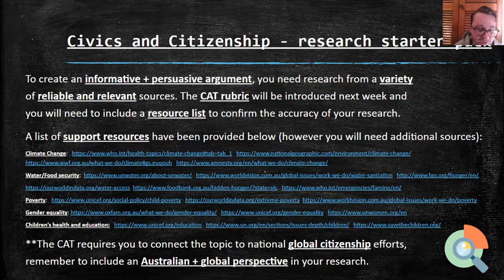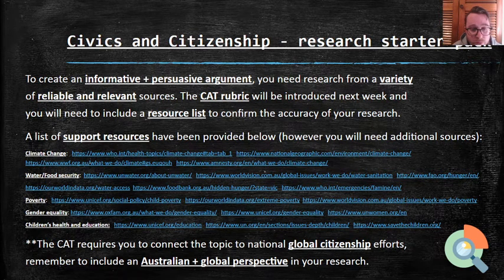This is information about water availability from 2020 or 2015, or in university they consider recent stuff to be anything in the last 10 years. I'm willing to push it back to 15 or 20. So as long as the year that it was found starts with a 2, I'm happy. But the more recent, the better, obviously. So you can see I've got a couple of resources for each of the major topics there.